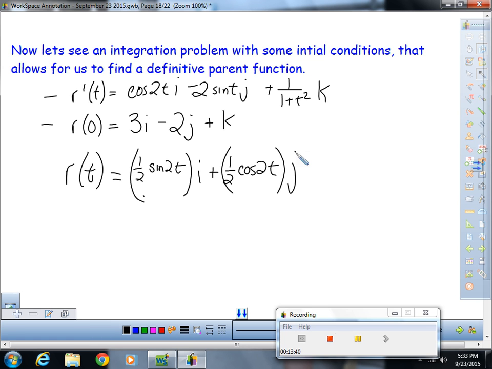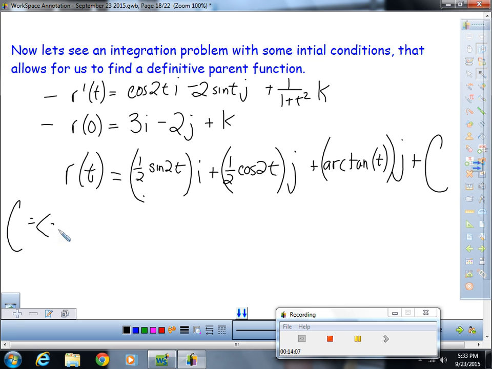And the integral of 1 over 1 plus t squared is the arctan, okay? And then we've just put a big plus c over there. Okay, remember that this big plus c is really a vector containing 3 numbers.